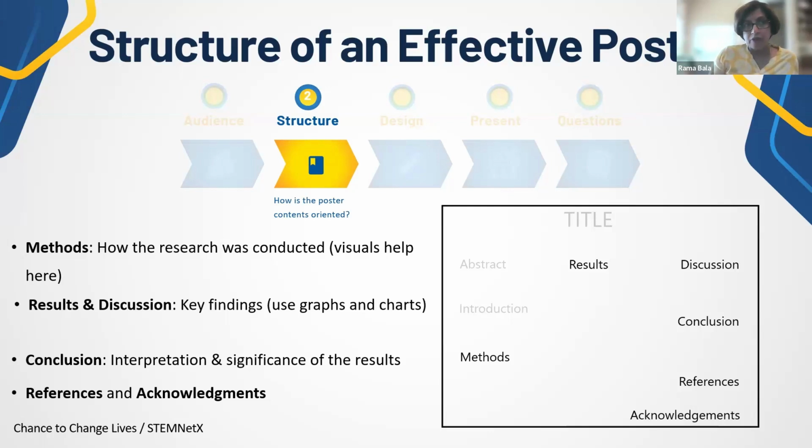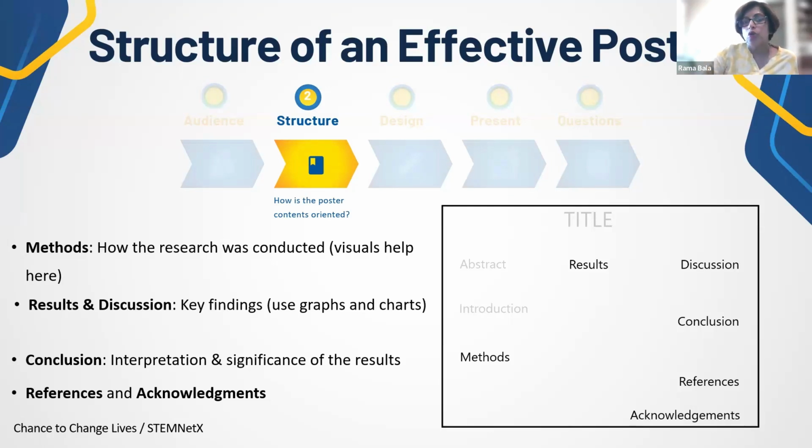So all of those references that you have used have a place in the reference section, which almost always goes at the bottom of the poster, followed by acknowledgement. And this is an area where students really like to thank their mentors, faculty sponsors, funding agencies, or conference travel grants, whomever you want to thank in a professional sense.